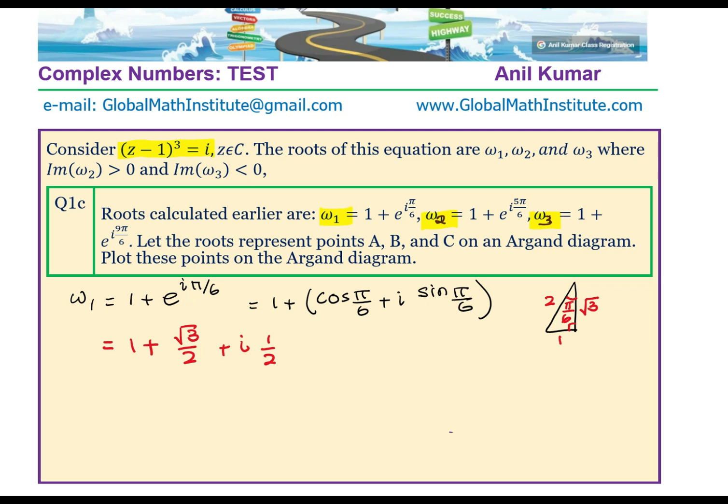In decimal, it is approximately equal to 1.866, plus 0.5 i, which is half. So that becomes the value of omega 1. Let me sketch this first on this plane, then we'll calculate omega 2 and omega 3 and sketch them.